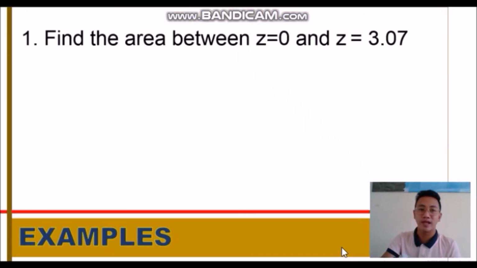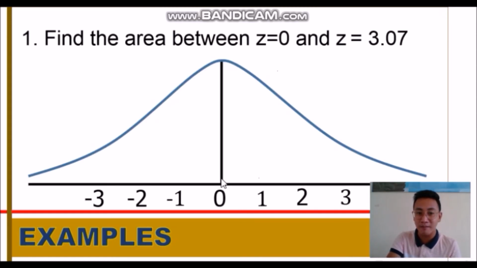First one, find the area between z is equal to 0 and z is equal to 3.07. The given is 0, therefore this is our mean. And mean can be found in the middle. Locate where we can find 3.07. Of course, we can find 3.07 after 3.